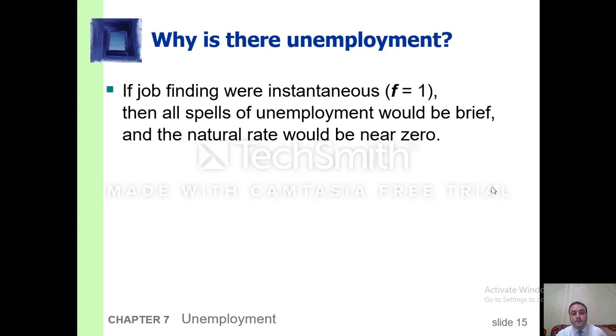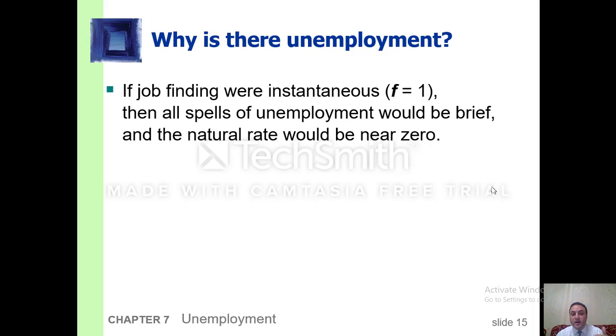Why? If job finding were instantaneous, happening immediately, then all spells of unemployment would be brief, and the natural rate would be near zero.